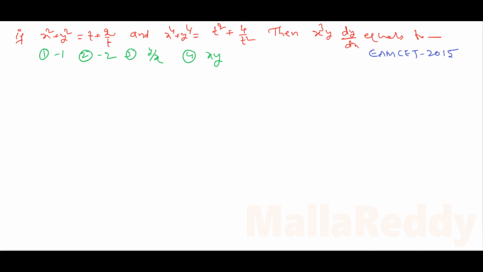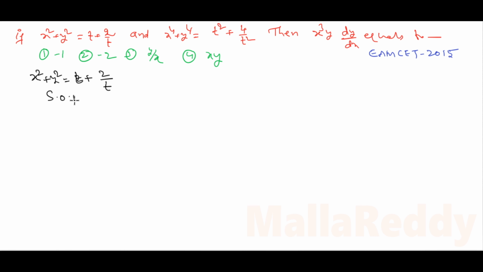If x square plus y square is equal to t plus 2 by t and x power 4 plus y power 4 is equal to t square plus 4 by t square, then x cube y into dy by dx is equal to dash. Here is given the relation x square plus y square is equal to t plus 2 by t.